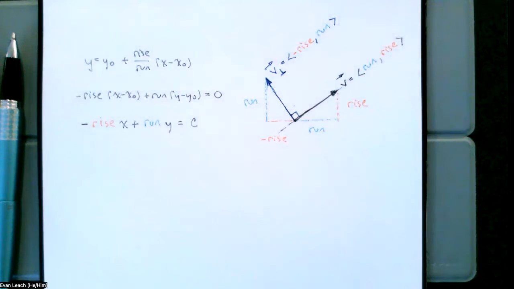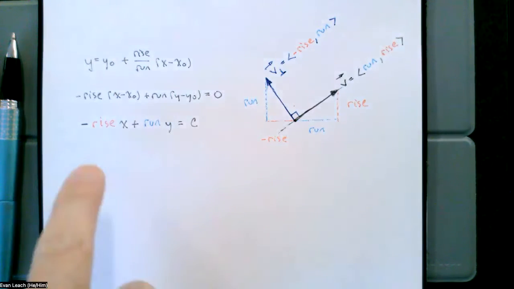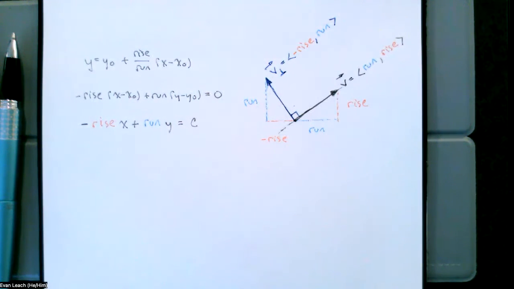And notice that the components of that perpendicular vector are the coefficients that we see in the standard form of the line. Coefficients in standard form are the components of the perpendicular vector.